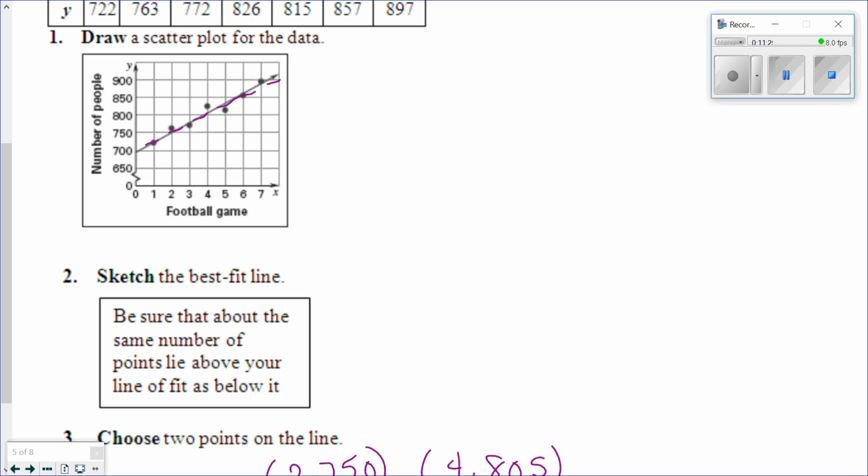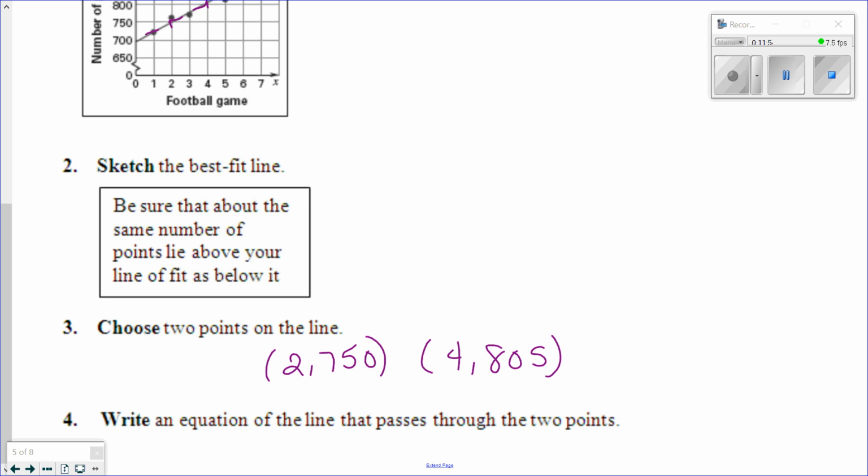So the first one I'm going to choose is point 2, 750, because it looks like it goes right through that point. And then the second one I'm going to choose is point 4, and it looks like it's a little over 800. So I'm going to say it's about 805. So here's my 2 points, 2, 750, and my second point, 4, 805.